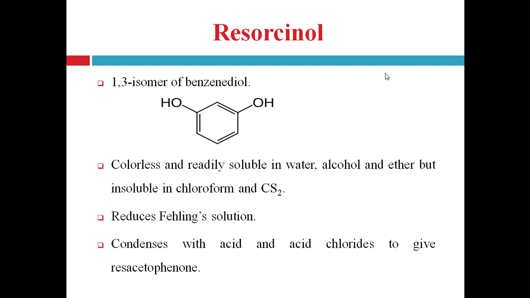That is why it is known as 1,3-benzene diol. It is colorless and readily soluble in water, alcohol and ether, but insoluble in chloroform and carbon disulfide, that is CS2. It reduces Fehling solution readily.